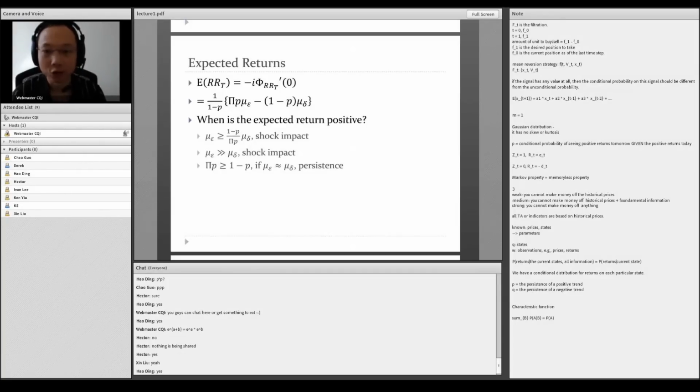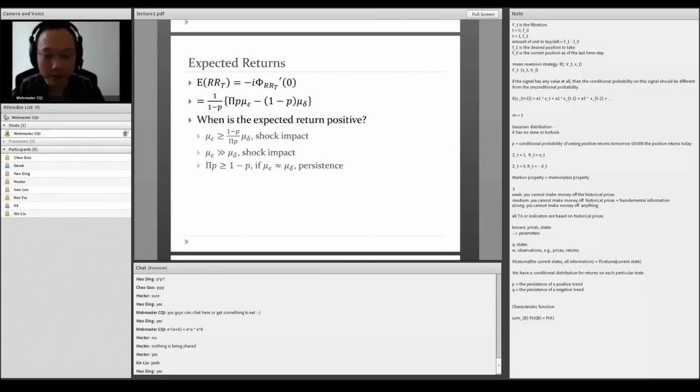If you move this term over to the right hand side, you will see that mu epsilon needs to be bigger than mu delta by these factors. What's mu epsilon? Mu epsilon is the mean of the positive returns, or the mean of the positive shock, and mu delta is the mean of the negative shock, or the mean of the negative returns.